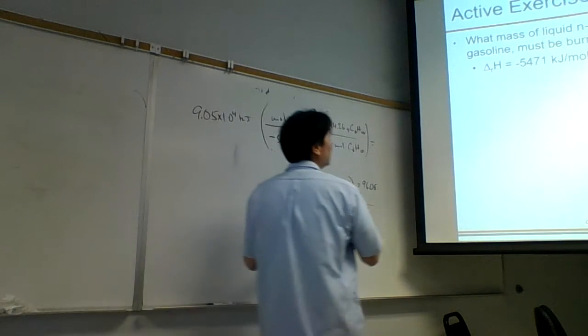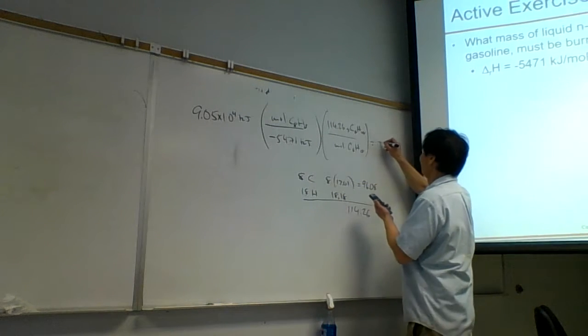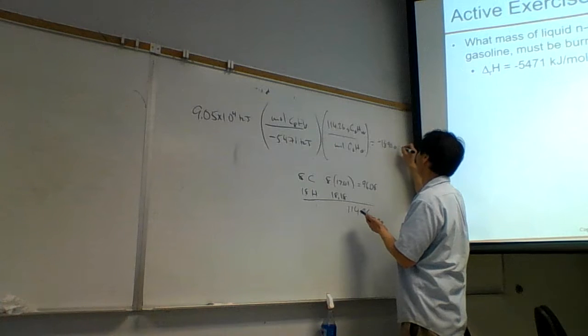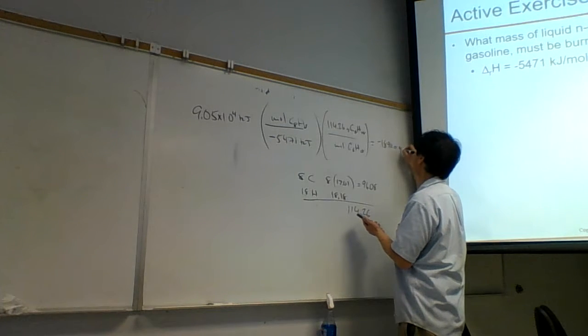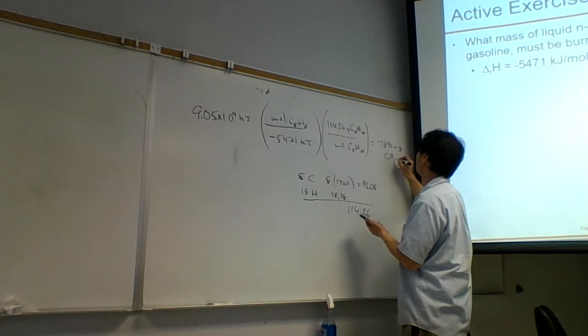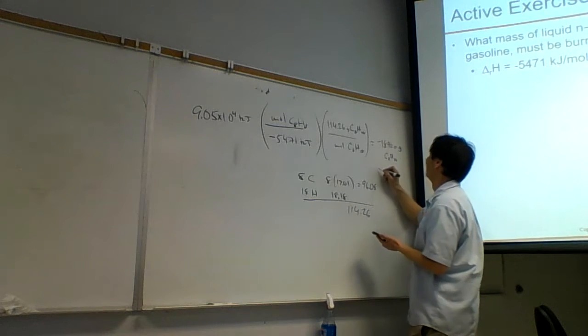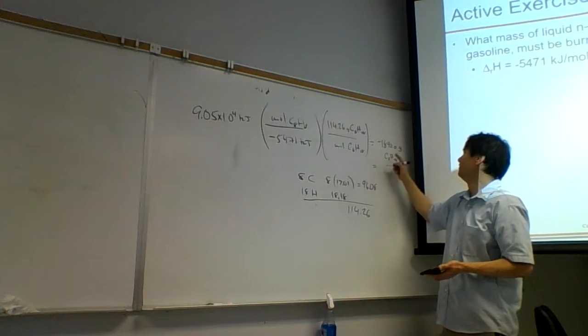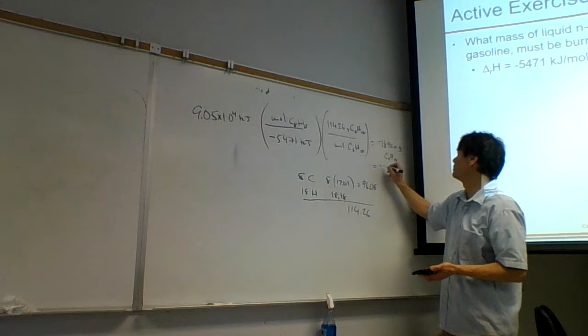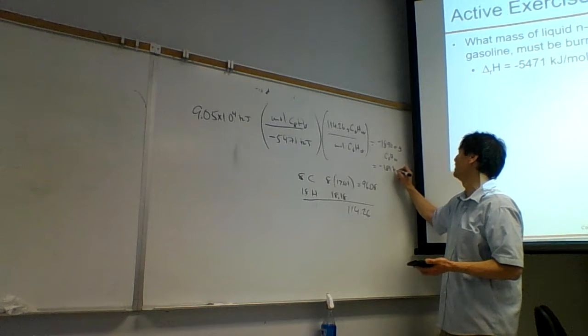And so I'm going to get negative 1,890.0 grams of octane. In other words, it's probably easier in kilograms. This would be negative, I'm allowed 3, so I'd go negative 1.89 kilograms of octane.